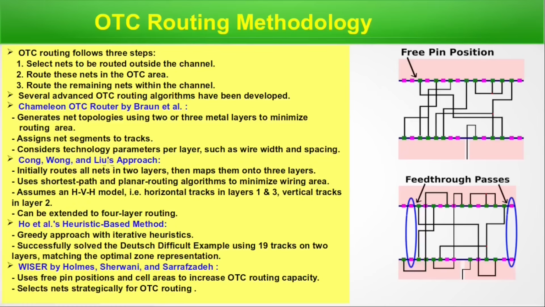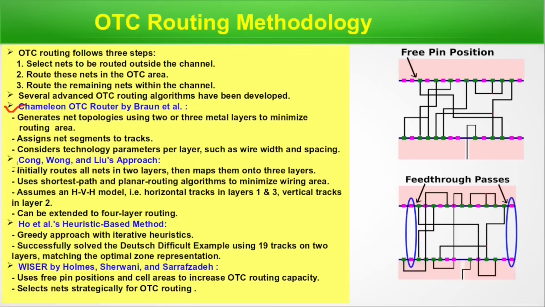Pong, Wong and Liu's approach is another approach. It initially routes all nets in 2 layers, then maps them onto 3 layers, uses shortest path and planar routing algorithms to minimize wiring area, and assumes the HVH model, that is horizontal tracks in layers 1 and 3, vertical tracks in layer 2.